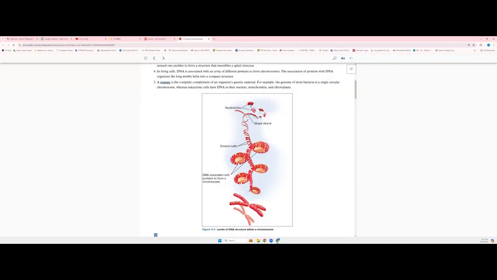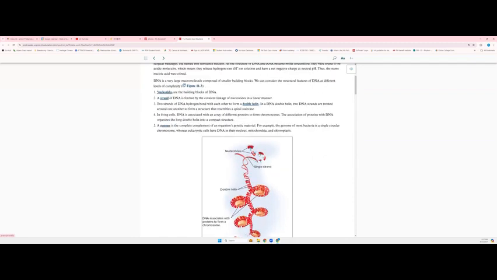Here is one strand and this is another strand, and they bond to each other through hydrogen bonds. DNA is a double helix, and the two strands are twisted around each other to form a structure very similar to a spiral staircase.